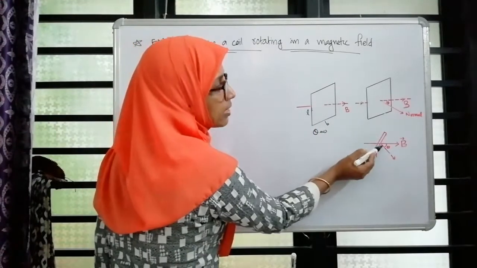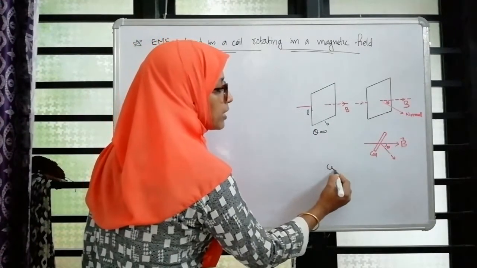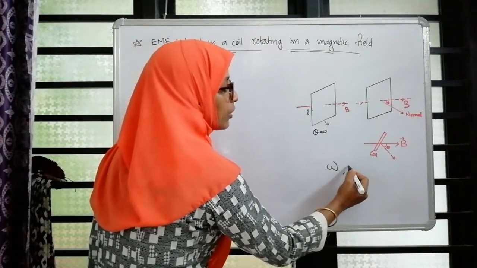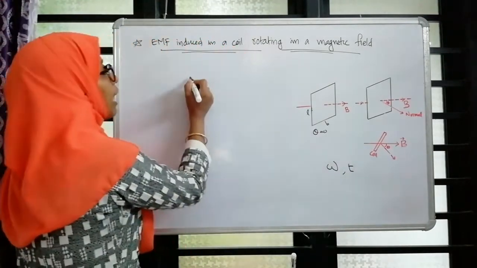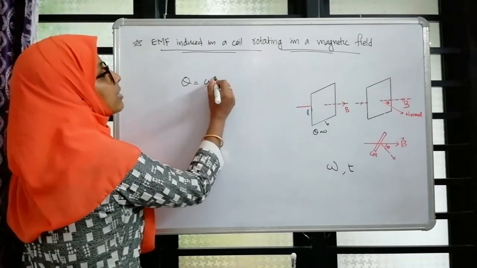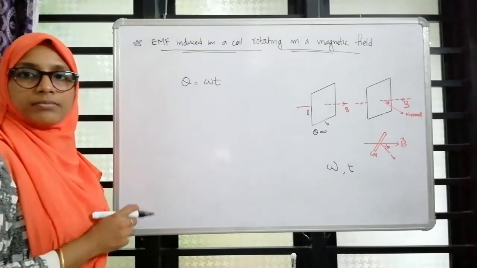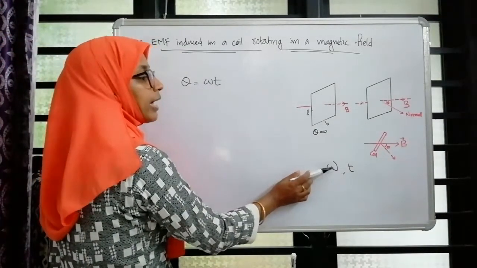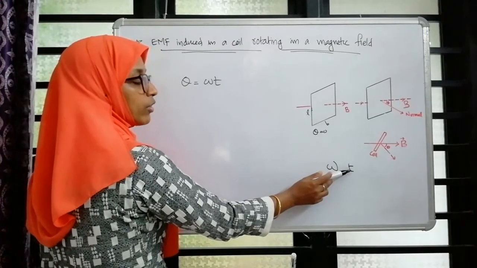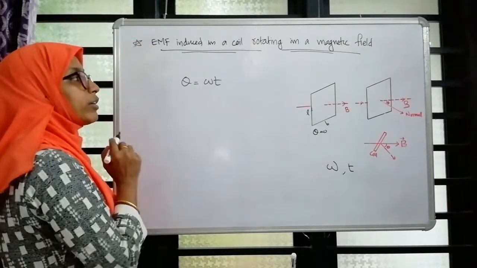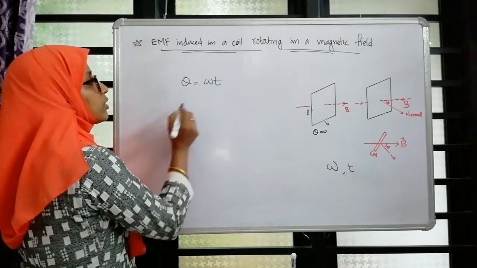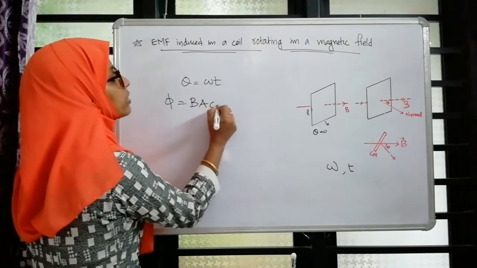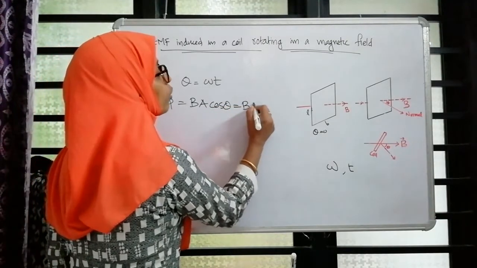If the coil is rotating with an angular velocity omega and the time for the corresponding angular rotation is t, then the angular displacement can be written as theta is equal to omega t. So, we can rewrite phi is equal to BA cos theta is equal to BA cos omega t.